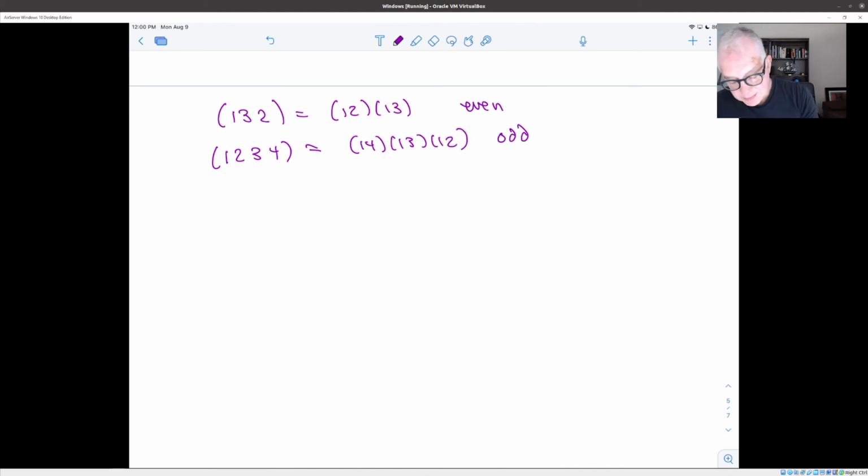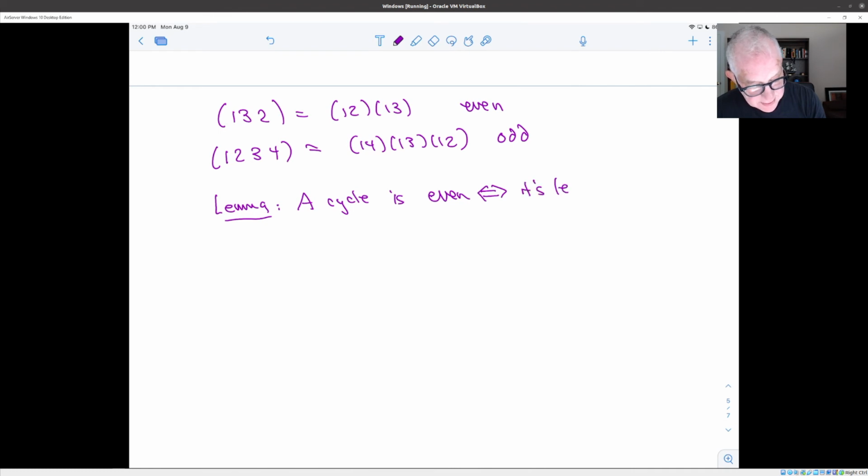So a little lemma would be that a cycle is even if and only if its length is odd. 3 cycles, 5 cycles, 7 cycles, 9 cycles are even permutations. It's a little strange, but that's the way it goes.